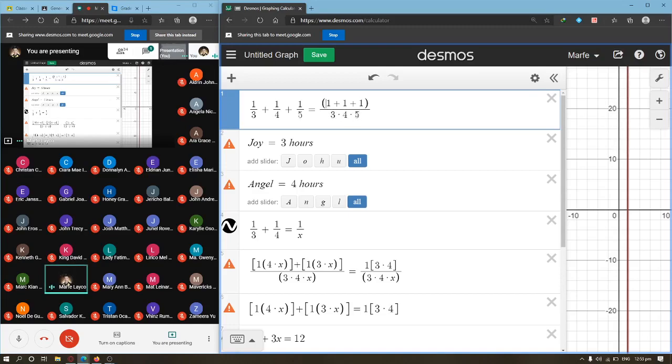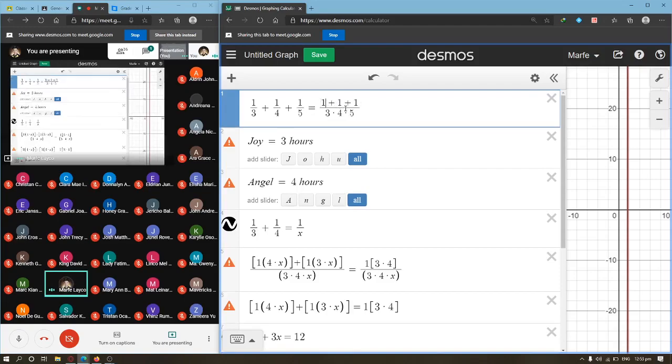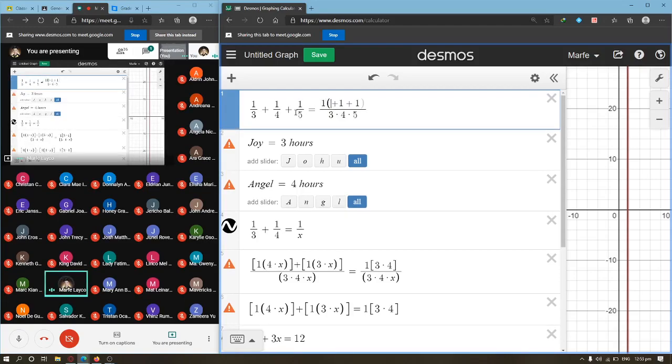Tapos, para makuha mo yung exact na number nila, i-multiply mo lang ito doon sa number na wala dito sa denominator niya, which is yung 4 and 5. So, 4 multiplied by 5, and so on and so forth. Okay? Clear? Okay na doon?